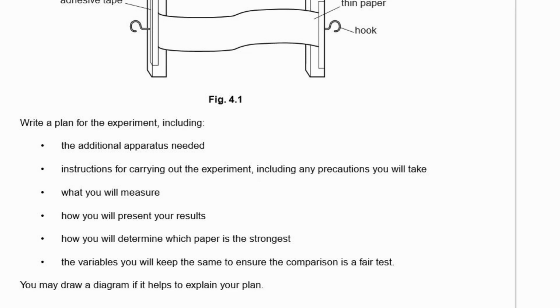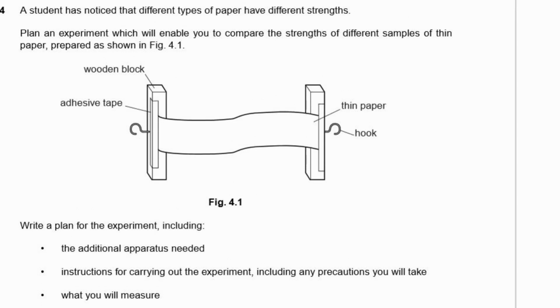Alright, well straight away we're going to want to draw a diagram, certainly. It always makes it easier to explain if there's a diagram showing what we're trying to say. But let's just briefly talk about what's a good way to do this type of experiment. Here we go. We want to measure the strength by hanging things off of it. So what might not be a bad plan, here we go. Basic sort of setup here.